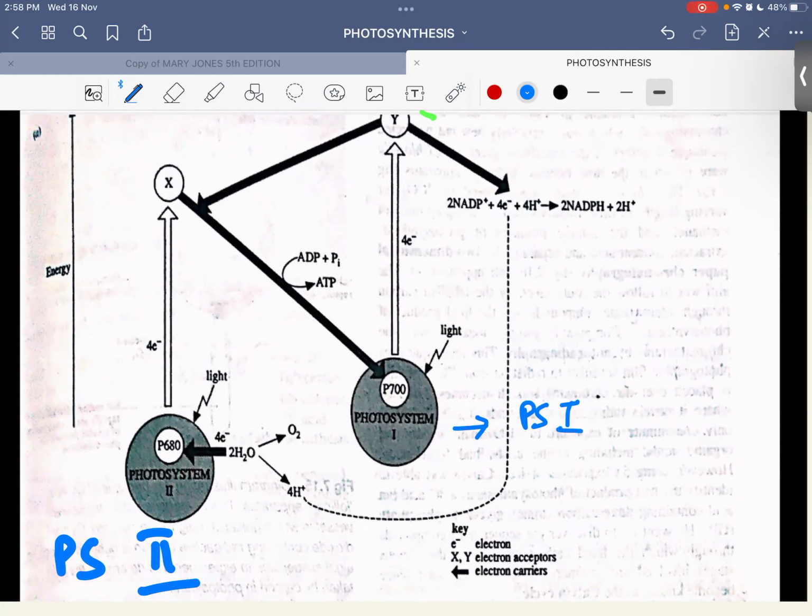Technically, since both of these are photosystems, they're nothing but a group of thylakoid membranes made up of many accessory pigments and one reaction center, because one photosystem is equal to one light harvesting complex plus one reaction center.